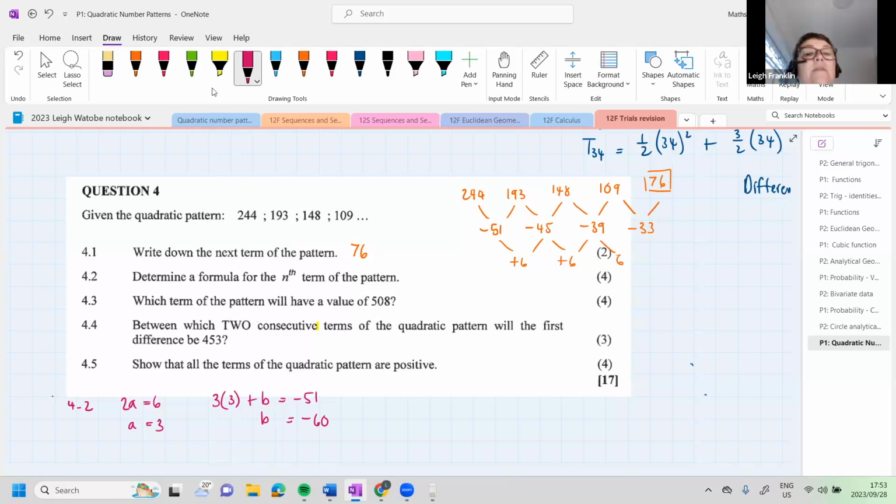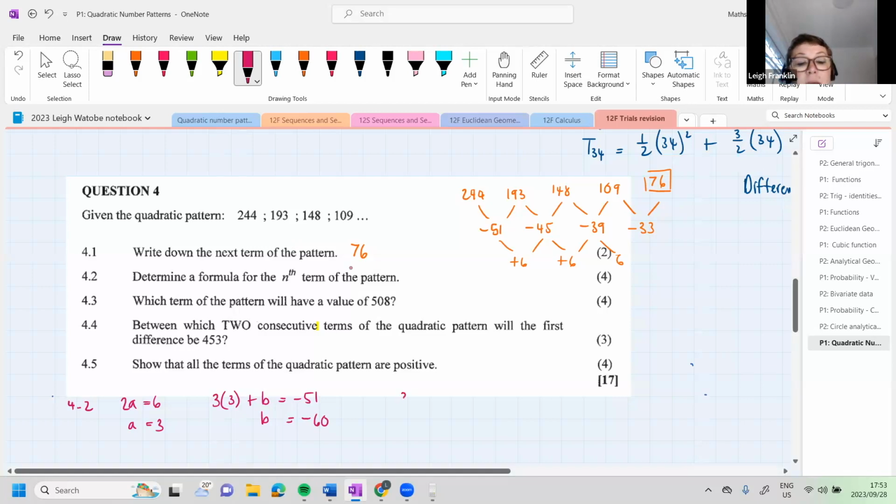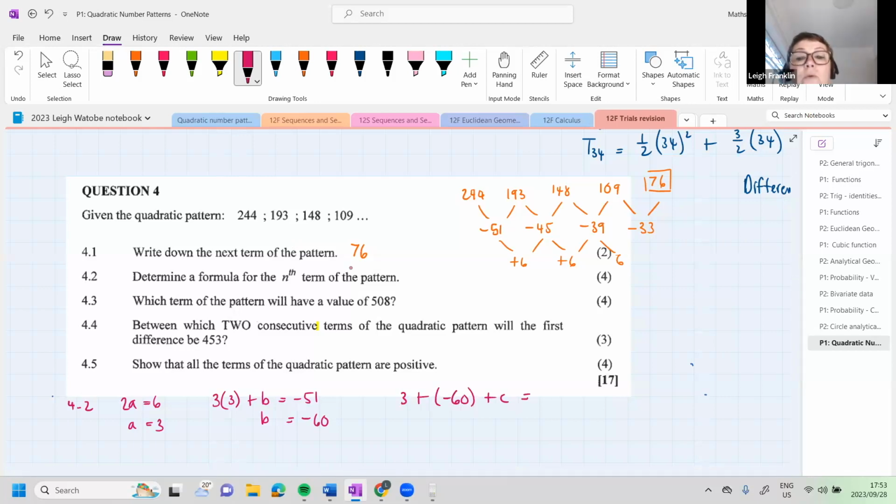Are you guys getting the same? Yes, me too. And then a plus b plus c has got to be equal to 244. I'm getting 301.